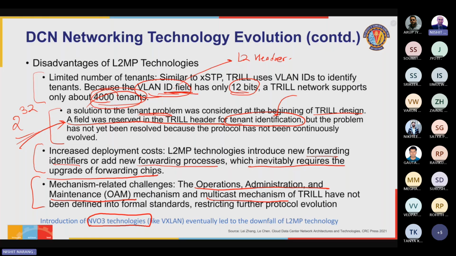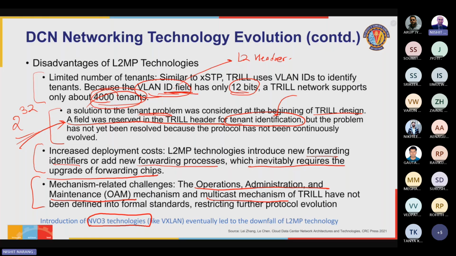You will still find some data center networks, in some parts of the globe, which are even today using Trill and L2MP technology. Why? Because it solves their problem. They don't want to evolve. It works well for them. But the larger data center networks, like the ones which Facebook and Amazon have, those have evolved. They no longer use L2MP, they use NVO3 technology.